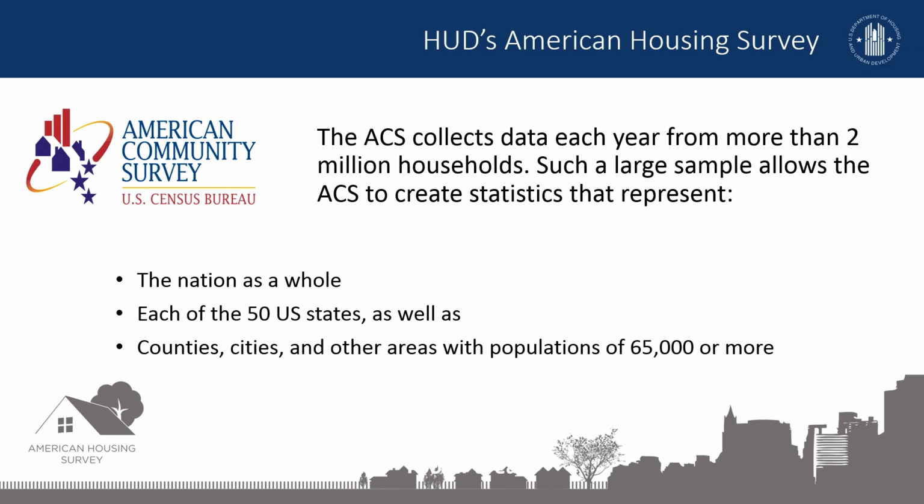The AHS is not the right data source for users interested in studying or comparing counties or other smaller areas. On the other hand, few surveys have a sample as large as the ACS. Every year it collects data from more than 2 million households. With such a large sample, the ACS can be used to create annual statistics for the nation as a whole, each of the 50 U.S. states, as well as counties, cities, and other areas with populations of 65,000 or more.